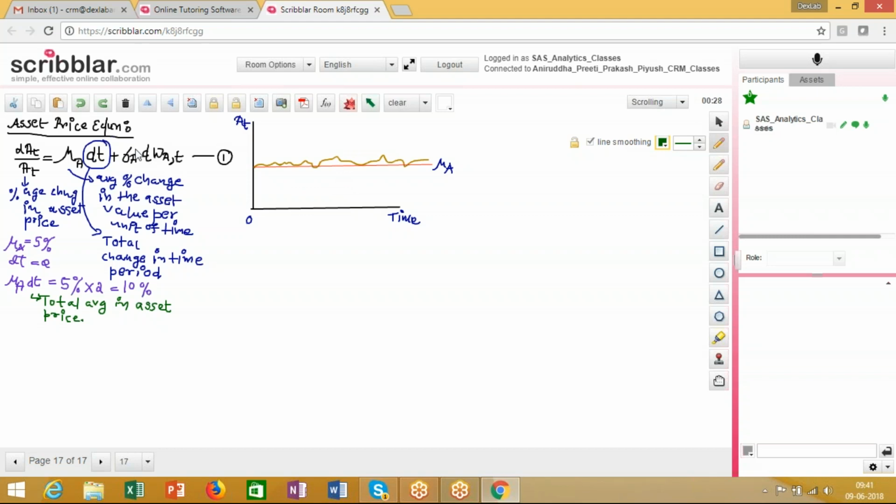So what is the standard deviation? The standard deviation sigma A, or whatever we call it, right?